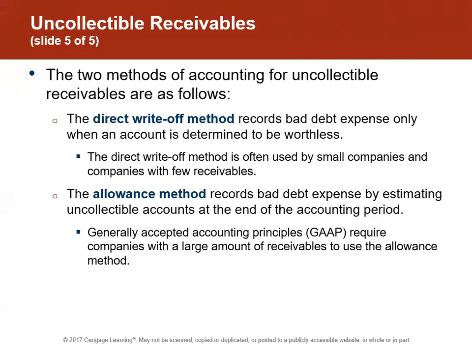Because what happens is, this is where it gets a little confusing. This is probably the most confusing thing in chapter 8. And I'm probably getting ahead of myself, but we'll reiterate it. The thing is, if we were to say we sell something in July, we sell to a customer in July, we bill them, they don't pay us.